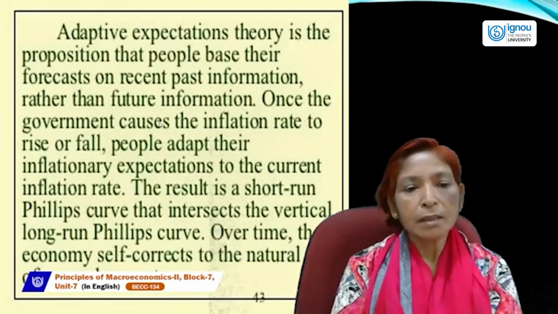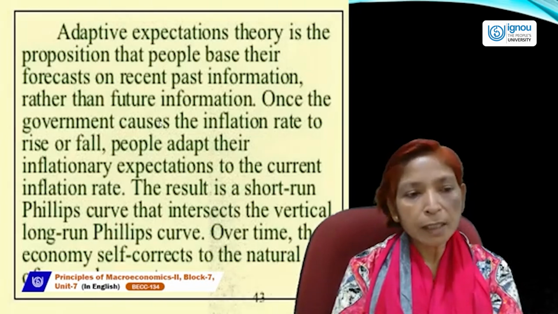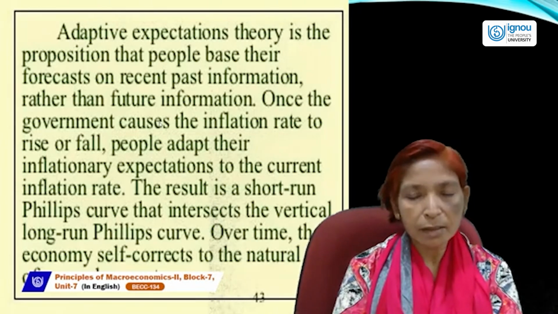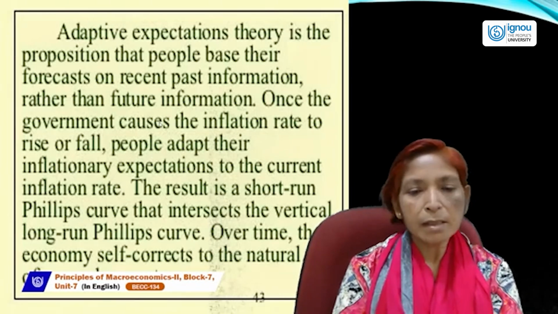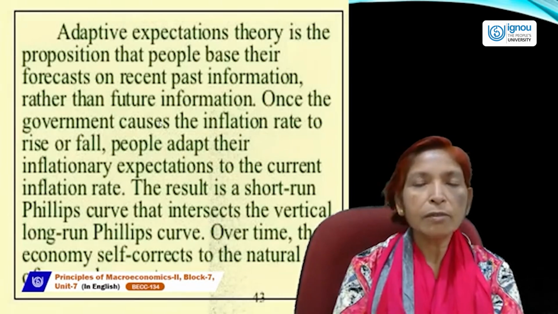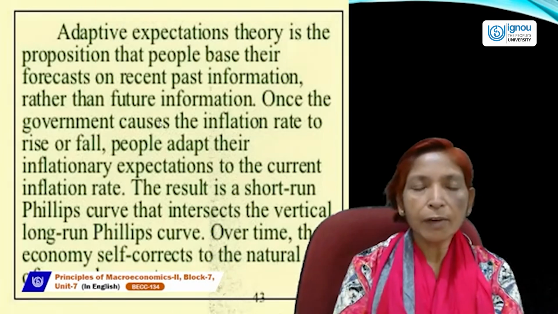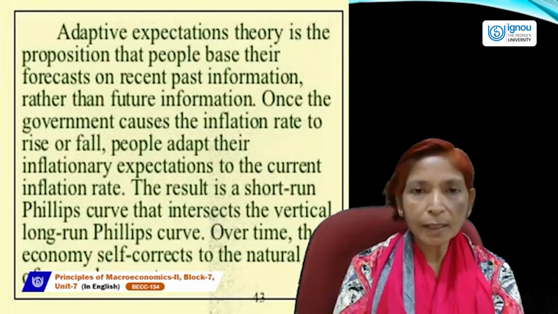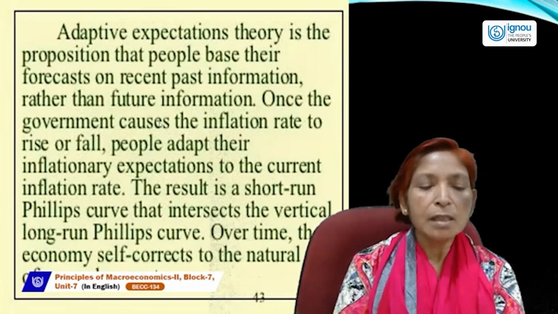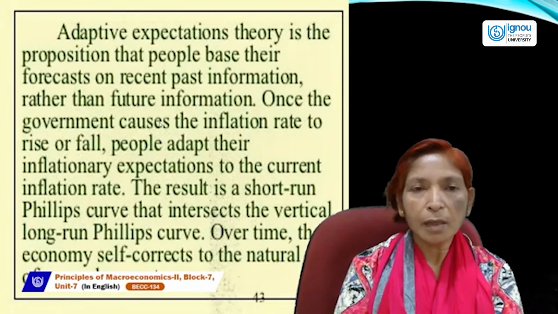Once the government causes the inflation rate to rise or fall, people adapt their inflationary expectations to the current inflation rate. The result is a short run Phillips curve that intersects the vertical long run Phillips curve. Over time, the economy self-corrects to the natural rate of unemployment.